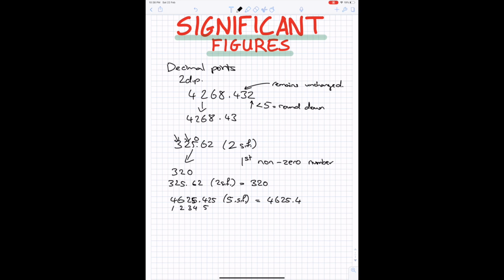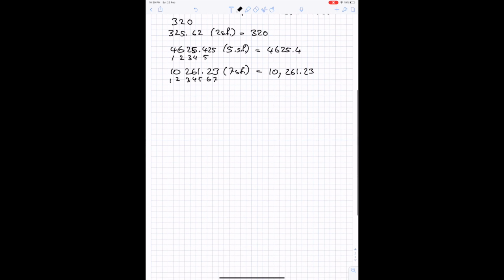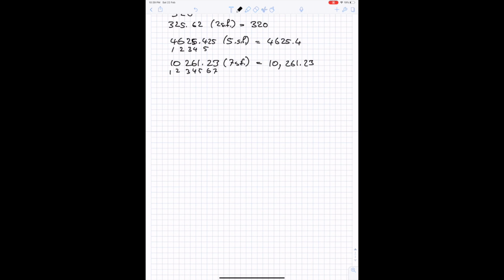Let's go for another one: 10,261.23 to 7 significant figures. So you count 1, 2, 3, 4, 5, 6, 7. In this case, you write out the whole thing: 10,261.23.